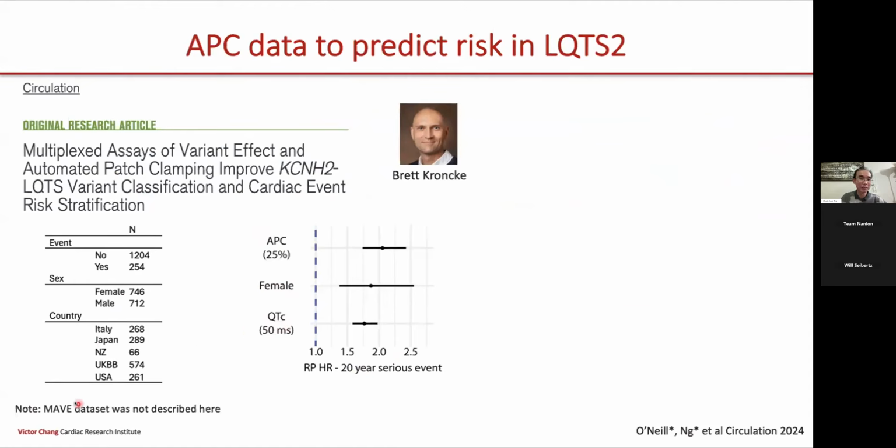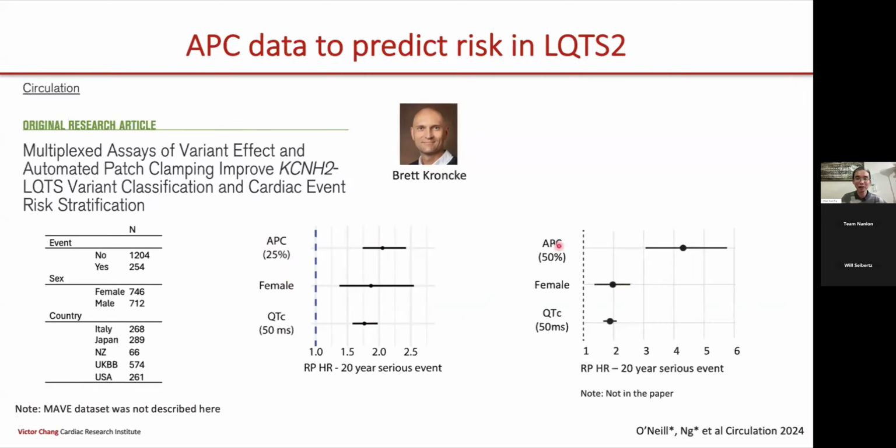And there's a MAVE data set for KCNH2 where almost all the single nucleotide variants will be available, but this is a patch clamp talk, so I'm just going to focus on the patch clamp data here. At a 25% difference, we already see it has a predictive value, similar to the QT changes.